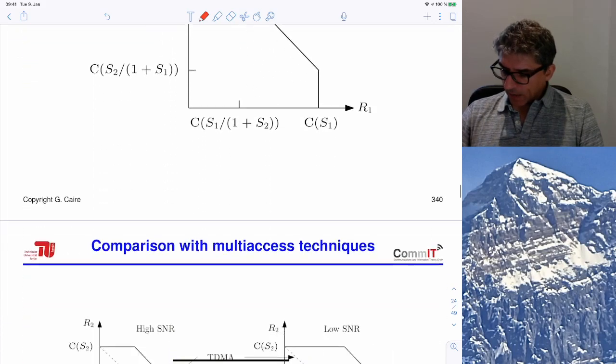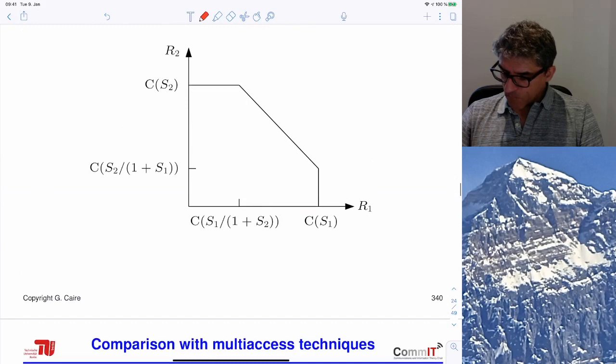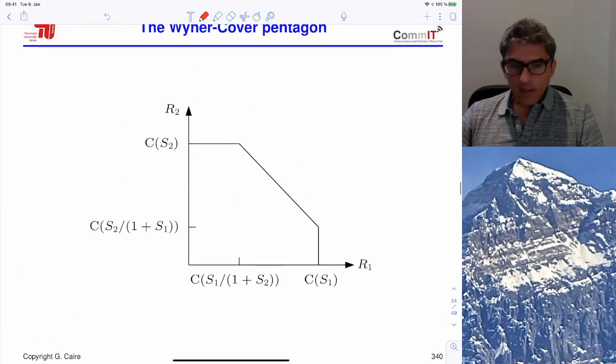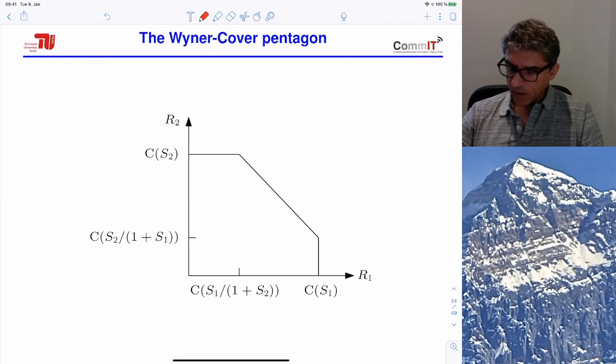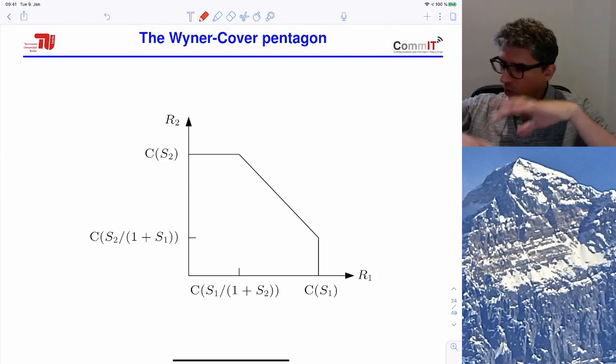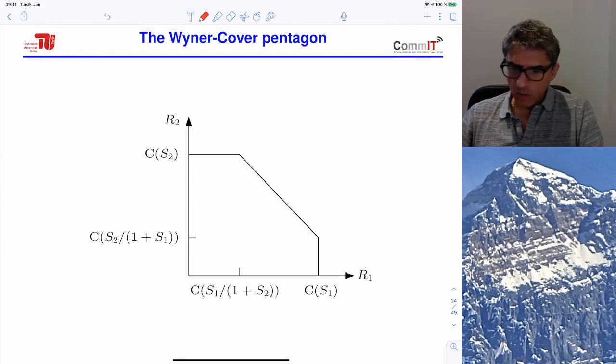And it turns out that this indeed is the capacity region of this channel. So in other words, even if I take the union over all possible distributions, and I take the convex hull of all these pentagons, well, this pentagon contains all of them.